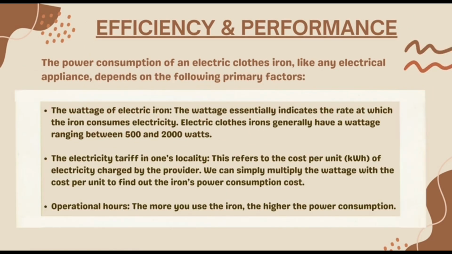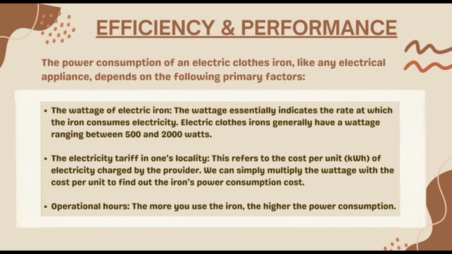From this calculation, the power consumption of an electric clothes iron, like any electrical appliance, will depend on the following primary factors. First one, the wattage of the electric iron. The wattage essentially indicates the rate at which the iron consumes electricity. Electric clothes irons generally have a wattage ranging between 500 and 2000 watts.